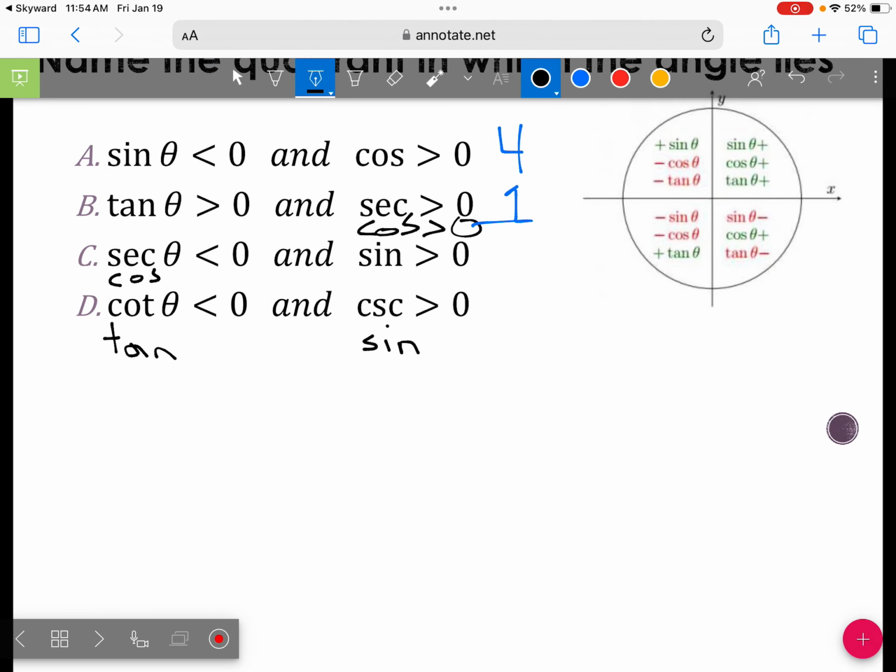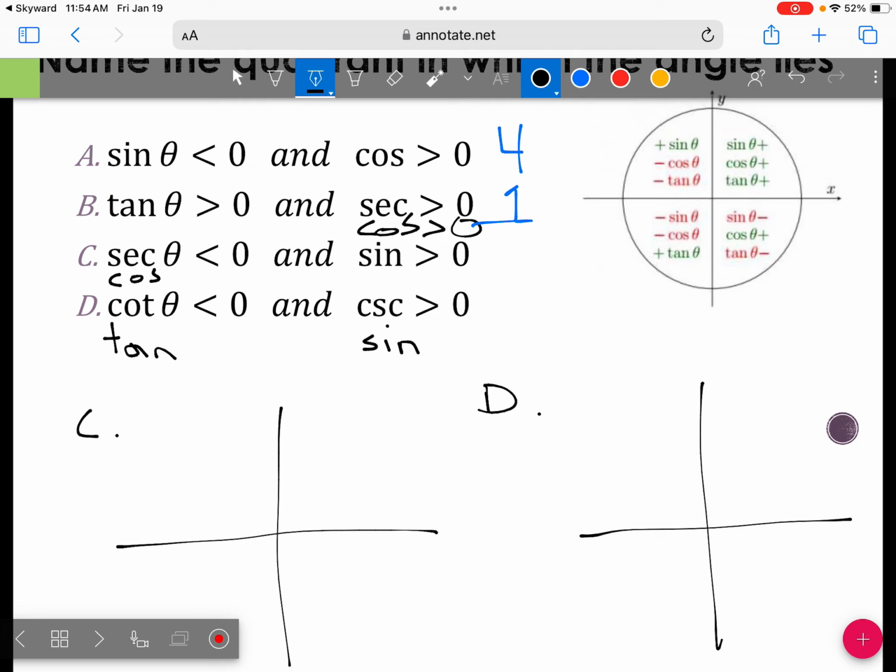So you're looking for where tangent is negative. Okay. So we're looking for where sine is positive.